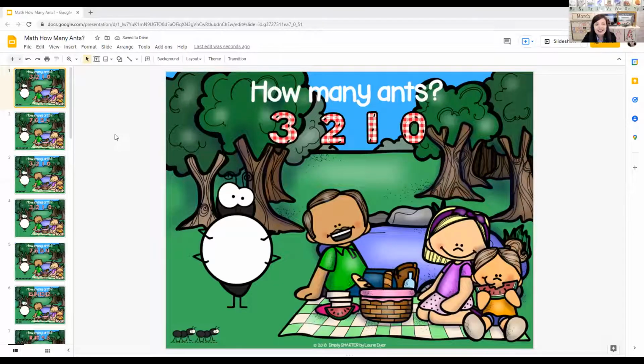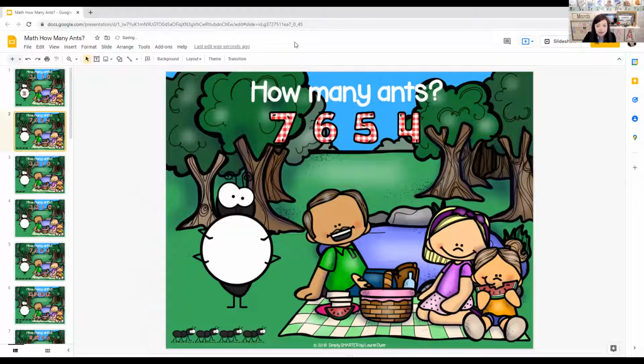For math today, we did something pretty fun. I had these Google slides, and we just counted the ants that were trying to steal our picnic items. How many ants are down here? 1, 2. Can you find number 2? There's number 2 right there.